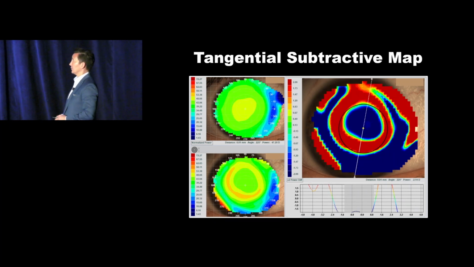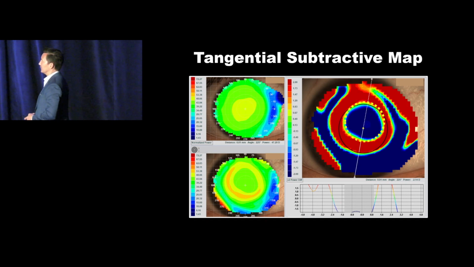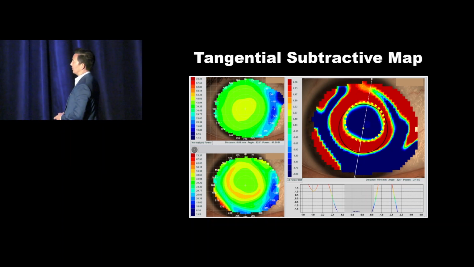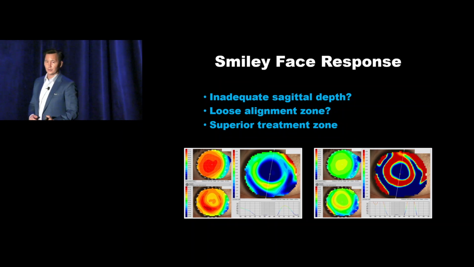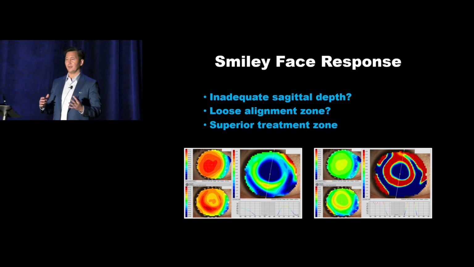If we go to the tangential map, again, we're ignoring the blue in the center. We're looking at the red ring, and you can see how high that red ring is in relationship to the black pupil there. So a smiley face outcome, very easily resolved. It's typically just tighten up the fit.